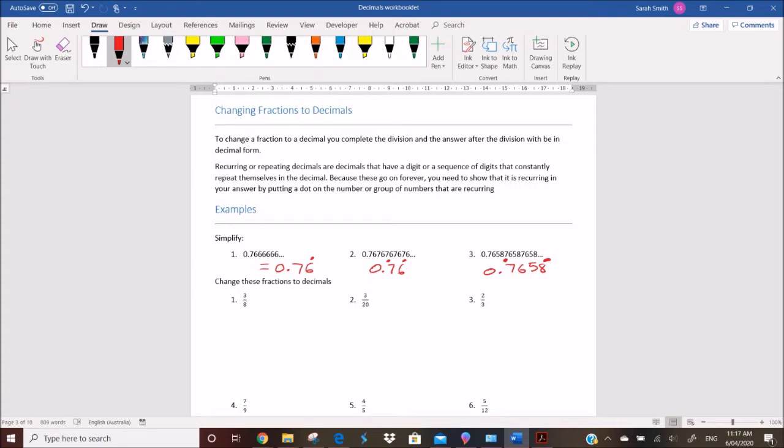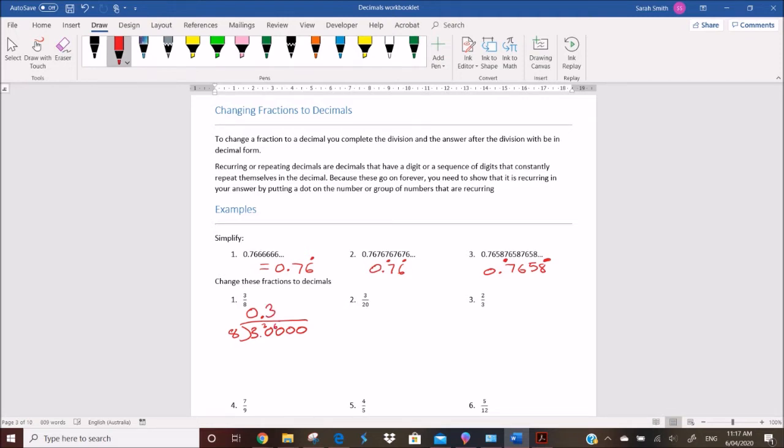So we want to change the following fractions to decimals. So we look at our long division. We've got our 8 here, our 3 here, 0.0, because I don't know how long it's going to go. So 8 into 3 doesn't go, so I put a 0 here and a 1. That gives me a remainder of 3. 8 into 30 goes 3 times.